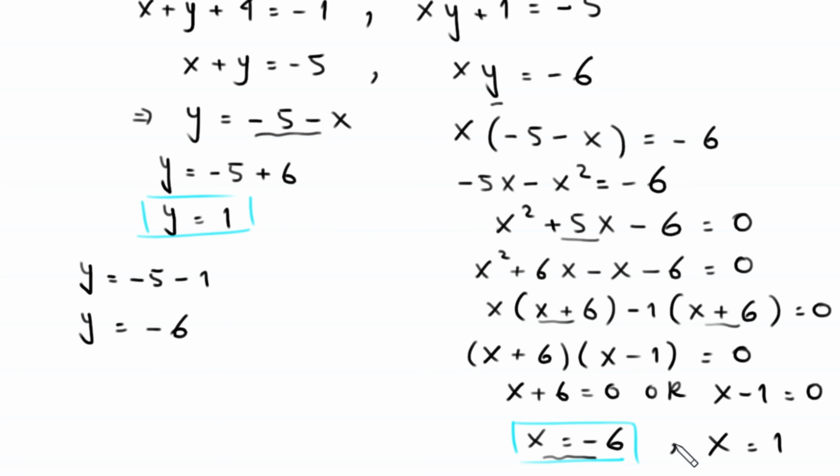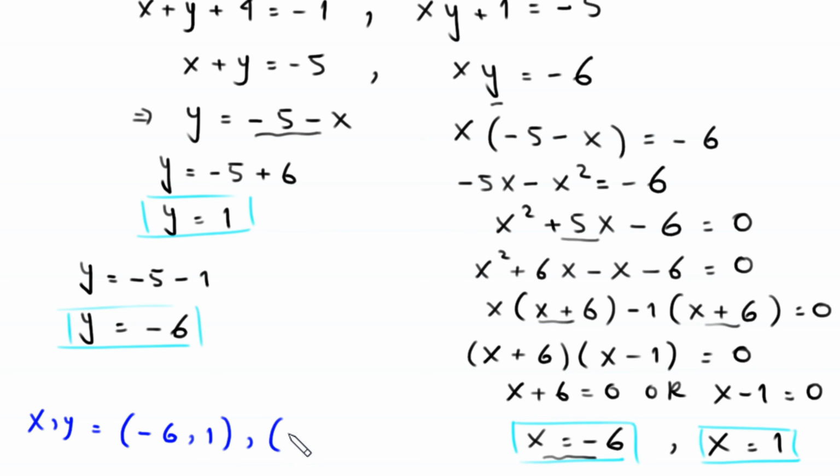Means that when x is 1, then y will be negative 6. From here we get other two pairs, x comma y is equal to negative 6 comma 1 and 1 comma negative 6.